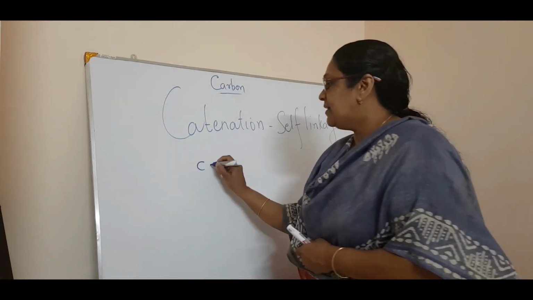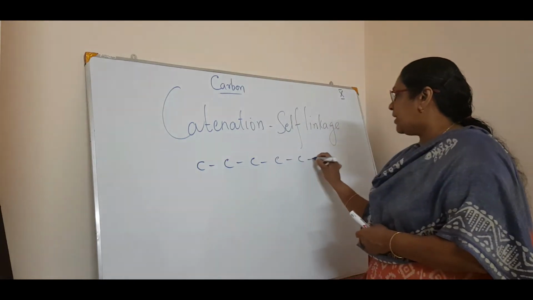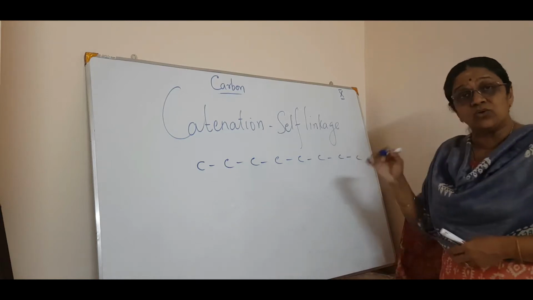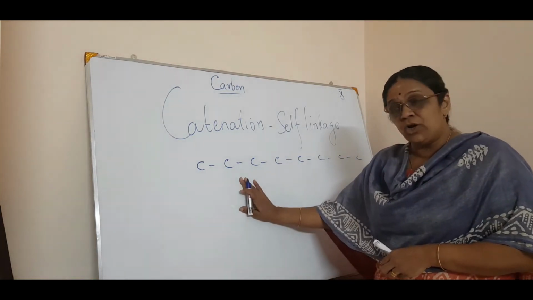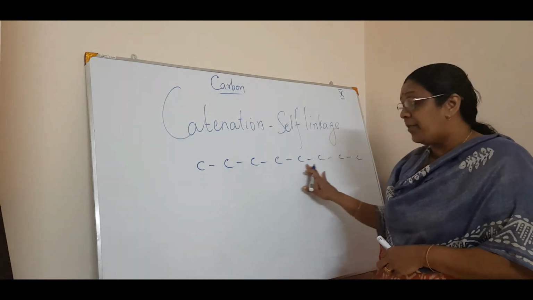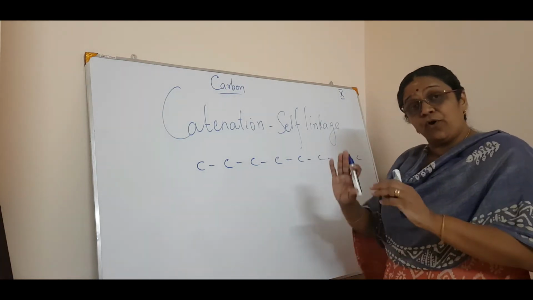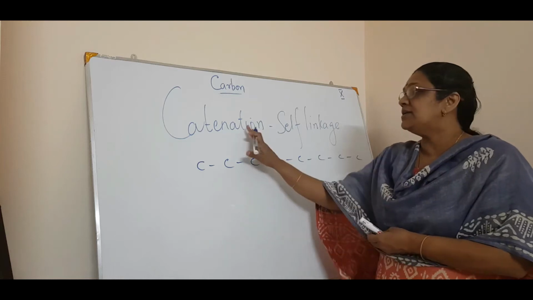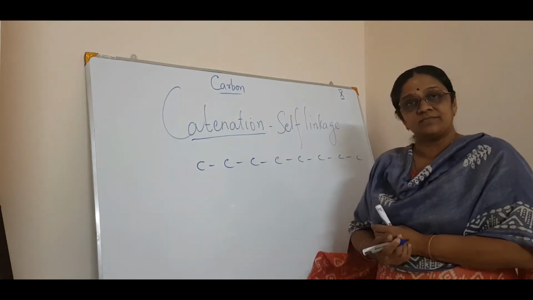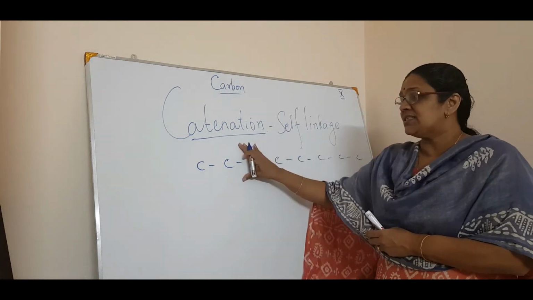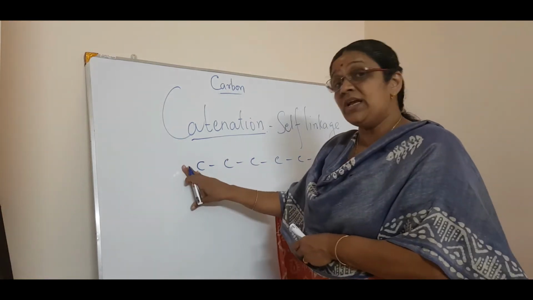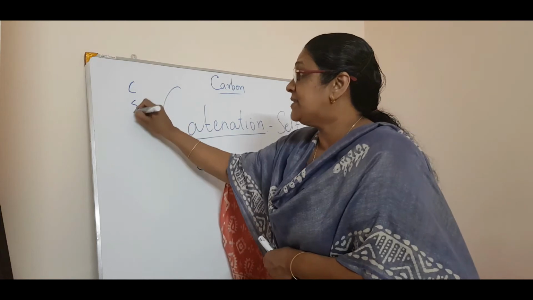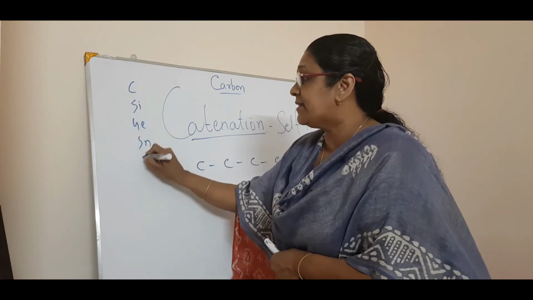Like this: carbon, carbon, carbon, carbon, carbon, carbon. It goes on like that. This is a peculiar ability of carbon. If you ask me, only carbon? Carbon, silicon, germanium, tin and lead are in the fourth group.